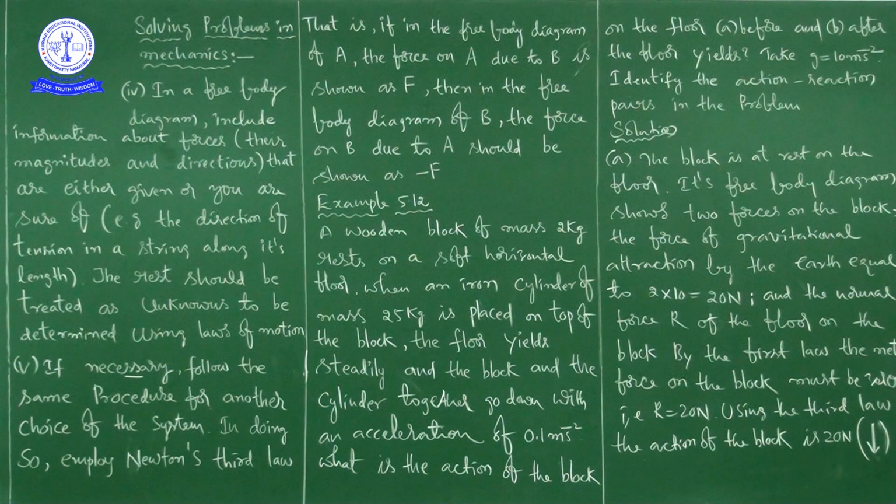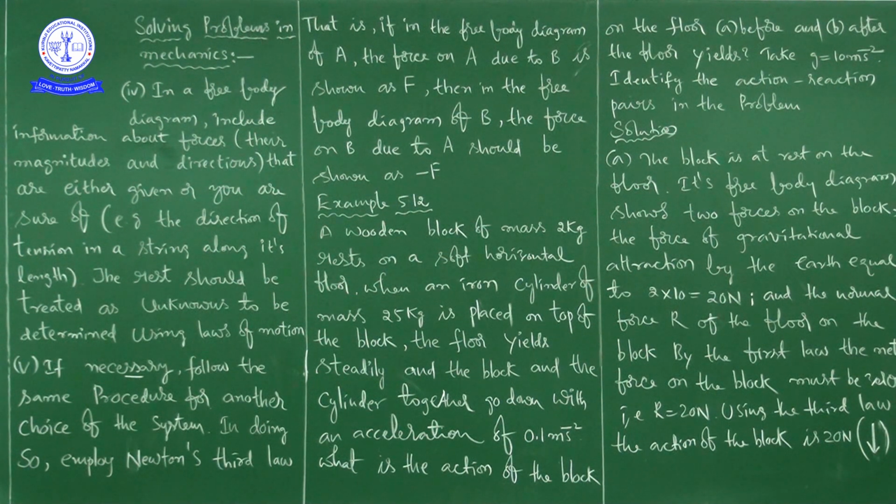Now based on this information, we are going to discuss one example problem. Please concentrate here. By understanding this problem, you can understand how to solve any other problem related to mechanics. See this. A wooden block of mass 2 kg rests on a soft horizontal floor.